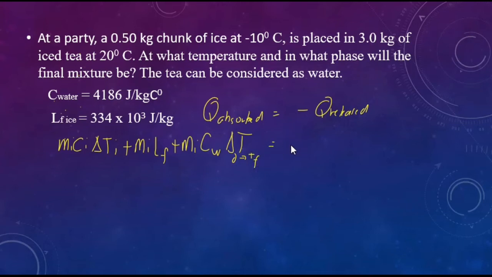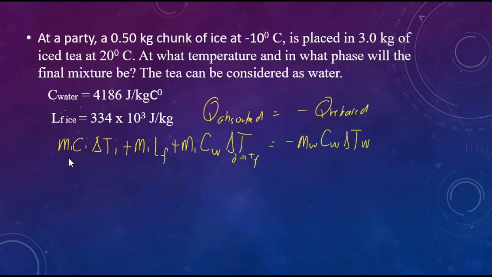Then equals negative mass of the water, C of the water, and then delta T for the water. Wherein for the delta T, the initial is 20, the final is still unknown.